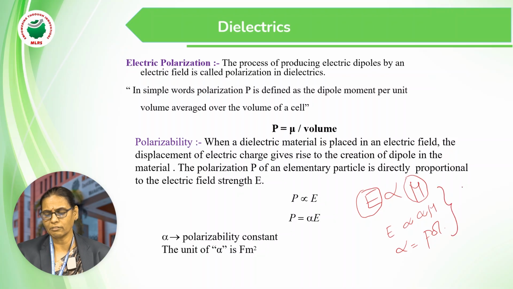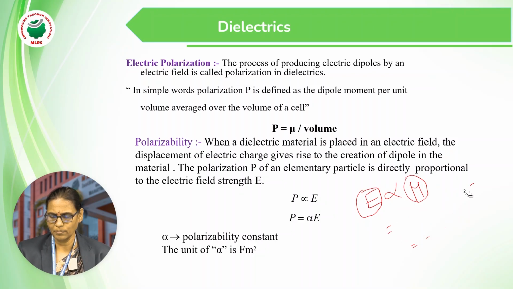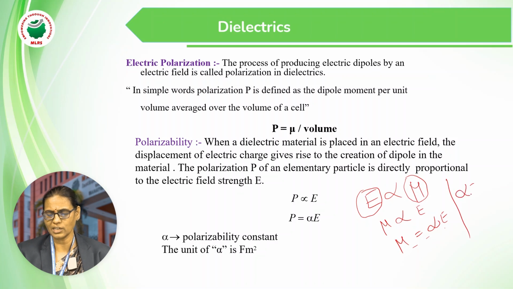Now, from this I can define polarization as alpha. Let us take this equation in this form, a small mistake here. Now, mu is proportional to E. Mu is equal to alpha E. Now, define polarization as alpha is equal to mu by E. Now, I hope everyone knows what mu is.